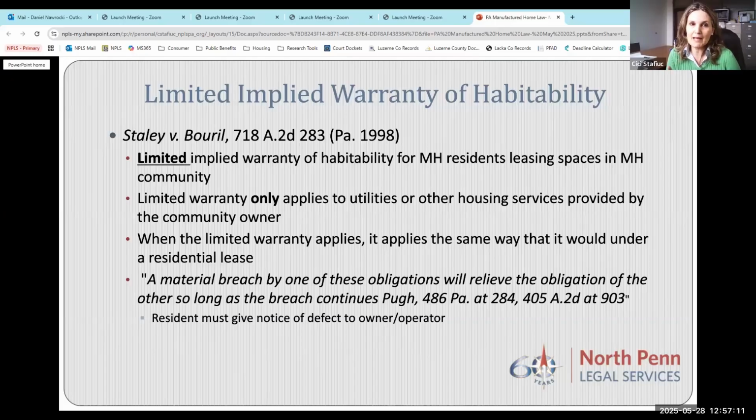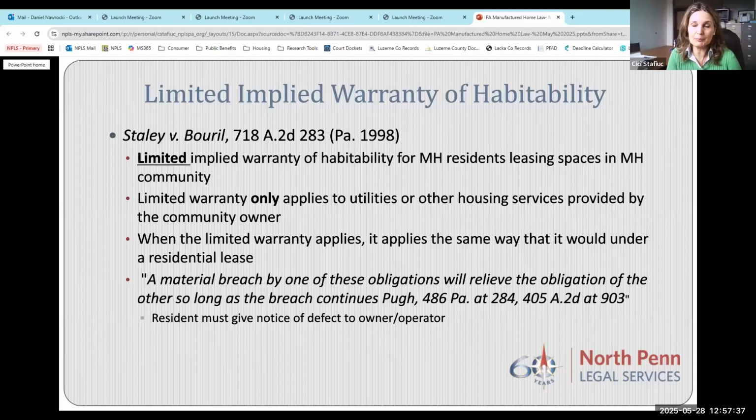The case that established this limited implied warranty of habitability is a Supreme Court case from 1998, the Staley case. In that case, the court discussed the warranty and said it applies the same way it applies in a residential lease.